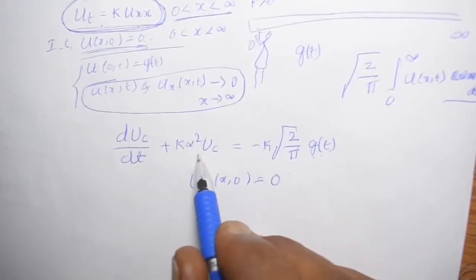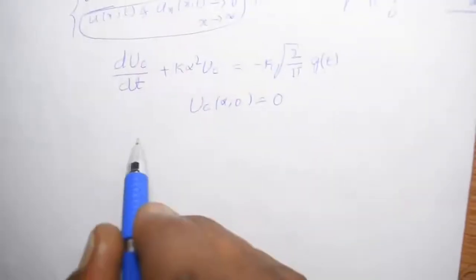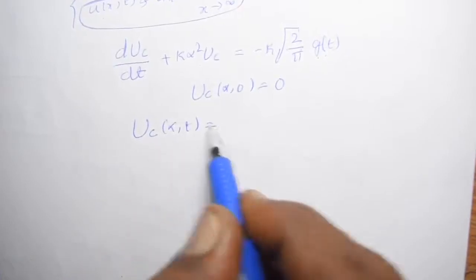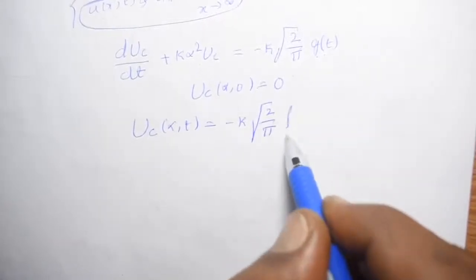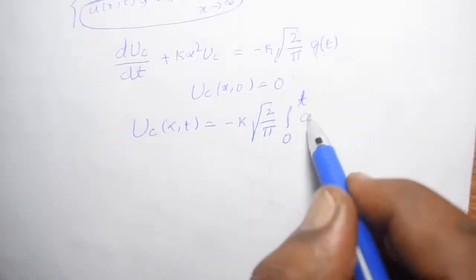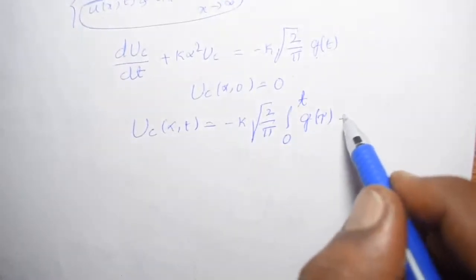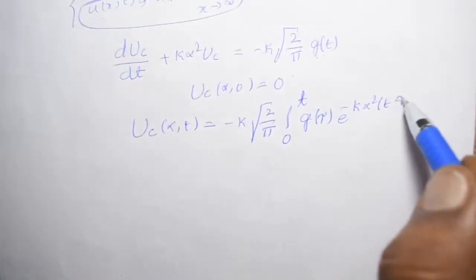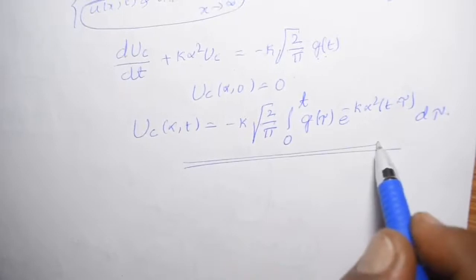Using this in the solution of this equation, by finding the solution you obtain U_c of alpha comma t is equal to minus k into square root of 2 by pi into the integration from 0 to t of g of tau into e power minus k alpha square into t minus tau into d tau. Okay, so this will become the solution.